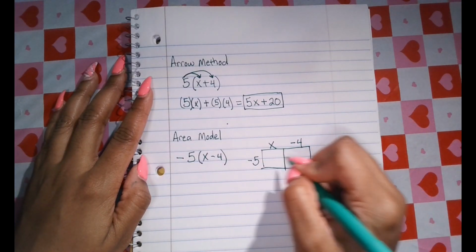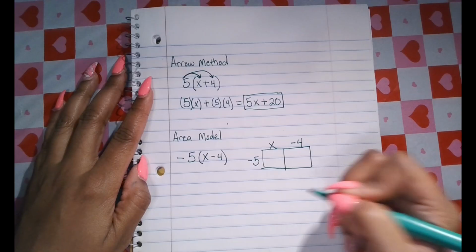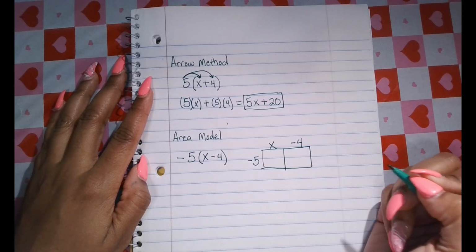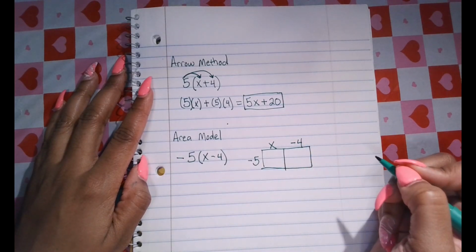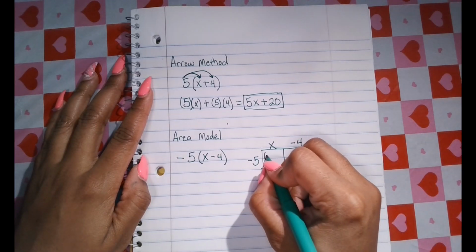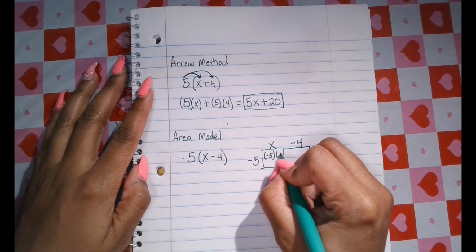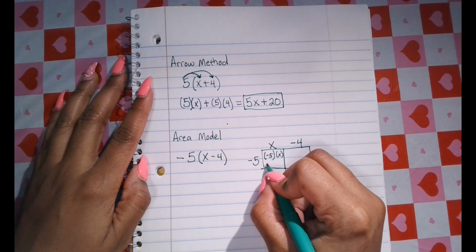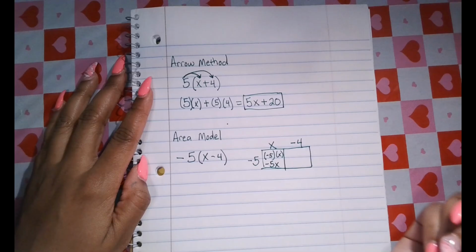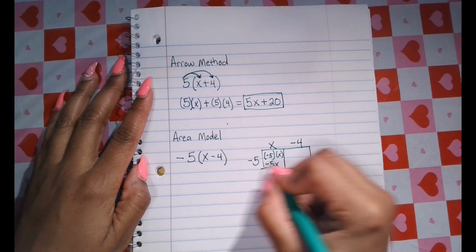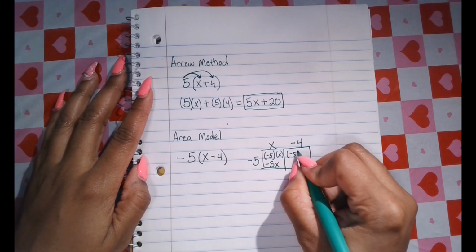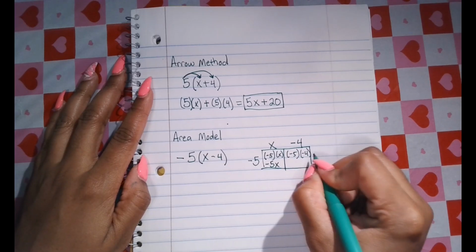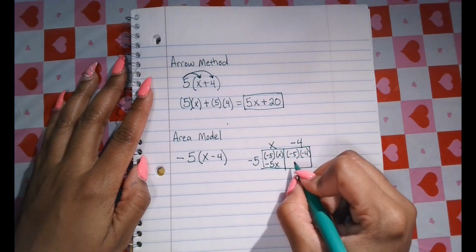And you can see how it's similar. Inside of the box, I'm going to find the area, just like we would do when we're finding the area of a rectangle or square, length times width. So I'm going to do negative 5 times x, which is negative 5x. And then I'm going to do negative 5 times 4. And a negative times a negative is positive.